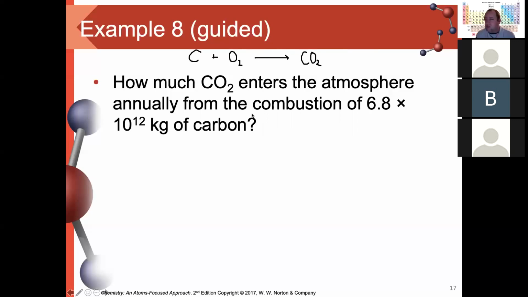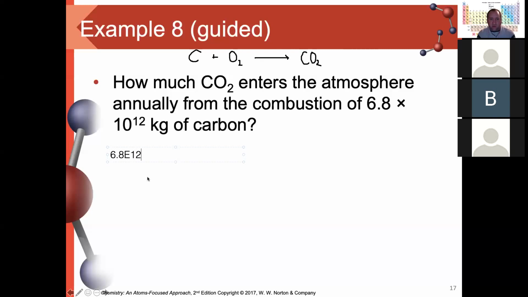I've got two oxygens on each side. This is already balanced. But if we follow along in terms of our map, we understand that we have a starting amount of carbon, and we're going to eventually turn it into carbon dioxide. So the process we're going to undergo is very similar to the previous problem.